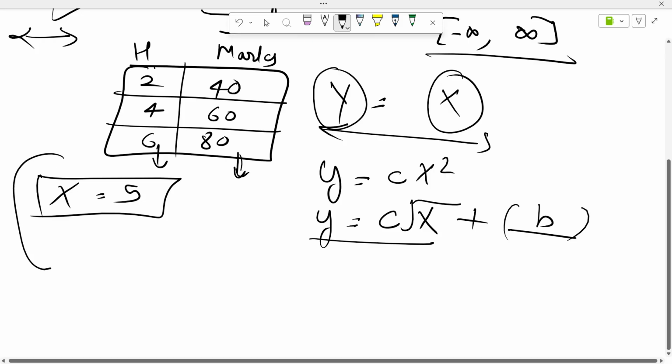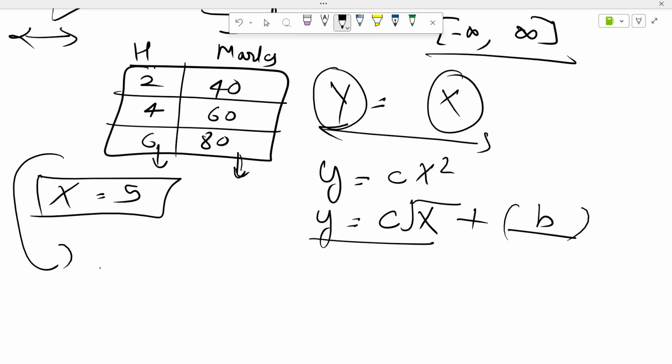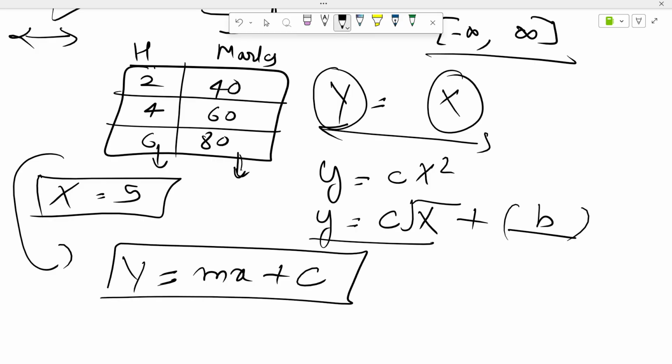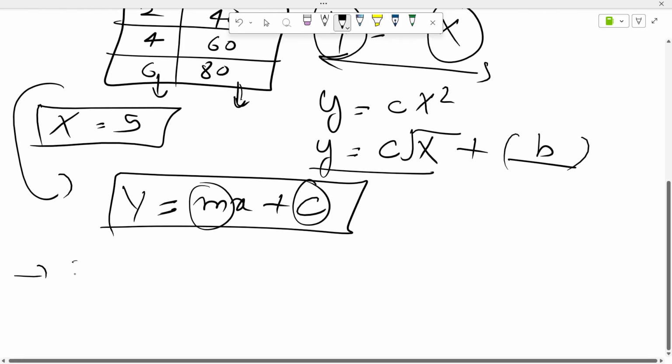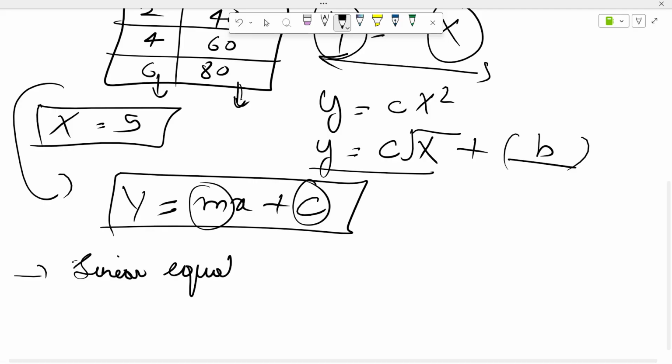So let's say you first assume that the relation is linear. For the linear, you assume that y equals m x plus c. Now you know that you have some pairs of x and y. For a given x, what is the value of y? With that, can you figure out the m and c values? In school, you have studied linear equations, solving linear equations in two variables and in three variables.